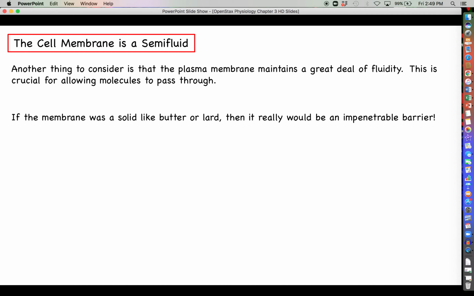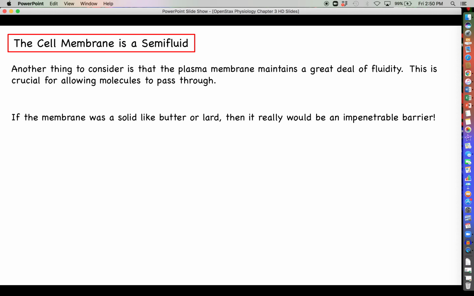So since we are dealing with lipids, specifically phospholipids, let's put this in terms that everyone who's ever spent any time in a kitchen can understand. You've got two major types of fats that you work with in the kitchen. You've got the solid fats like butter or lard, and then you've got your oils like olive oil or vegetable oil, canola oil, peanut oil, whatever.